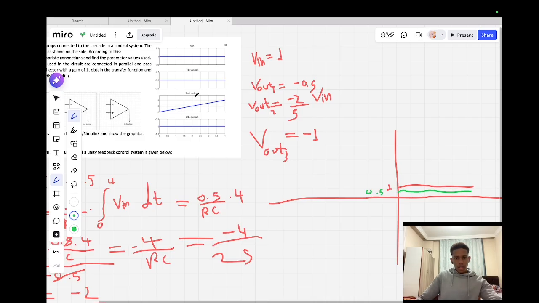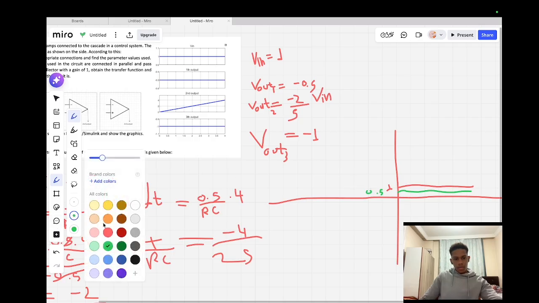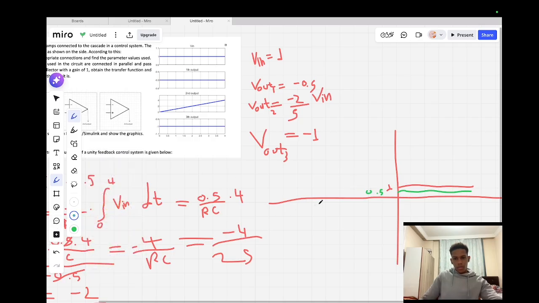And the second stage goes from 0 to 4, but here we are going to start from 0.5 to 4.5.